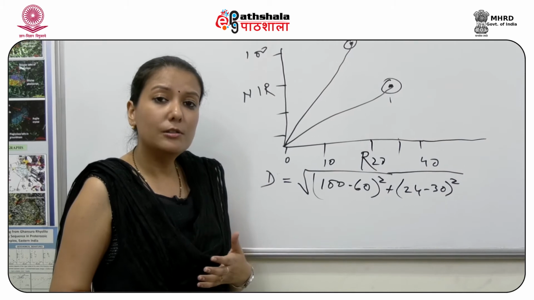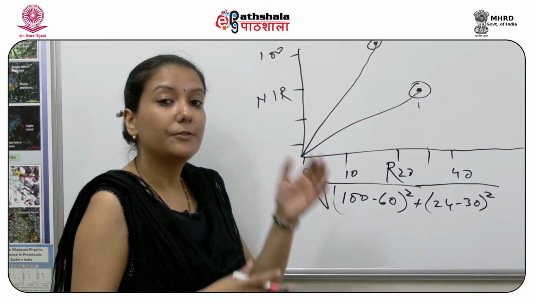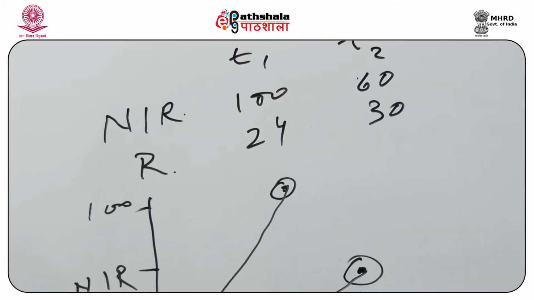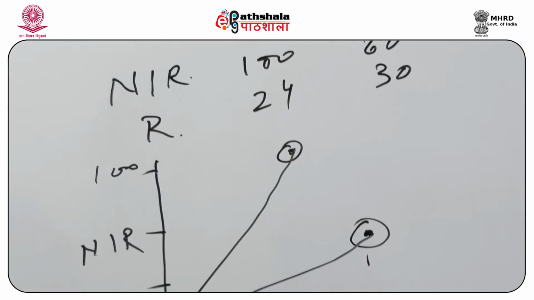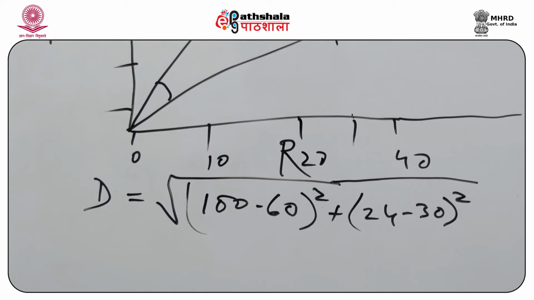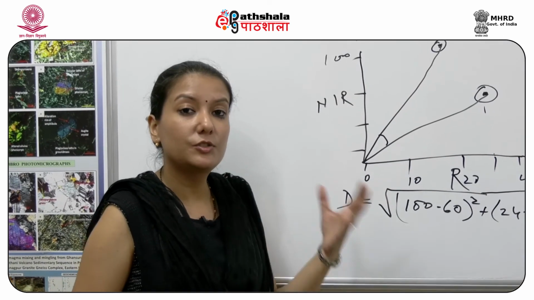Now this only gave us the magnitude of change at that particular pixel. How about if we also want to know what is the direction of that change? Implies if it's towards T1, if it's reducing in T2, or if it's increasing. So we provide an angle for this calculation and it tells the direction of the change in vector magnitude. Suppose you also want to know the change in direction for these two bands.